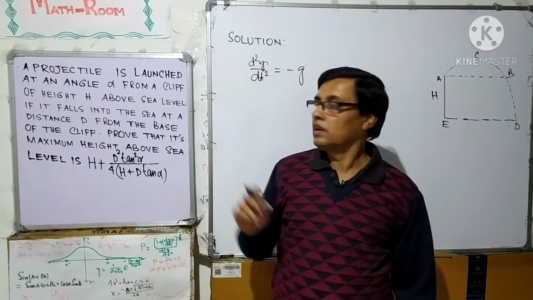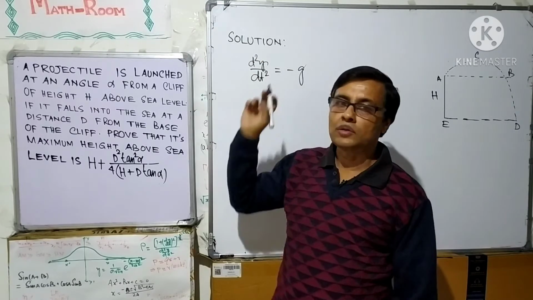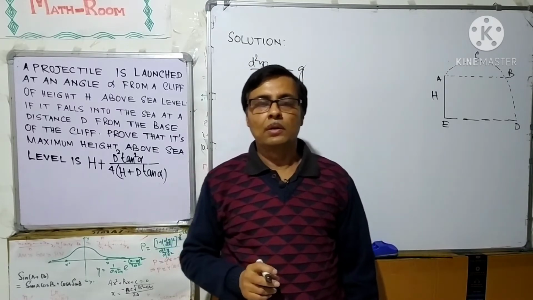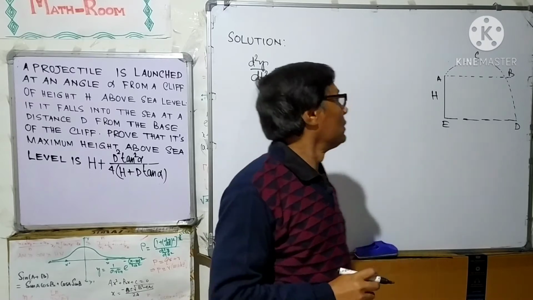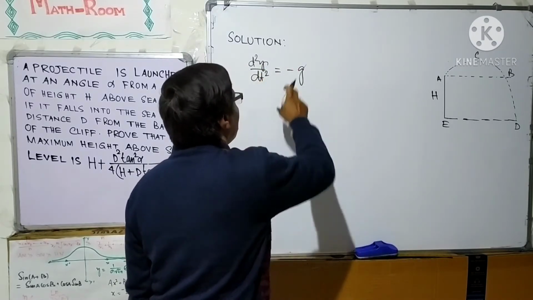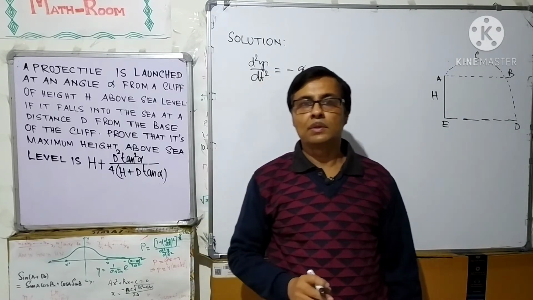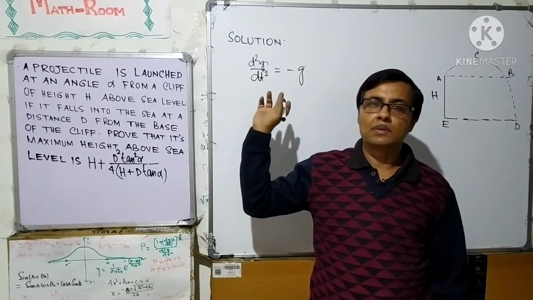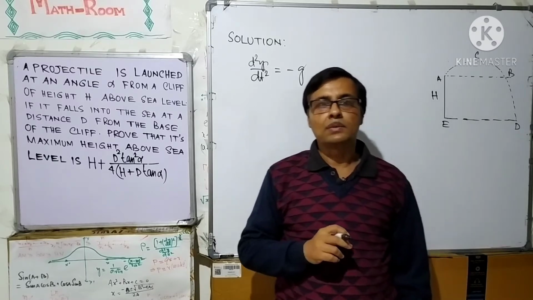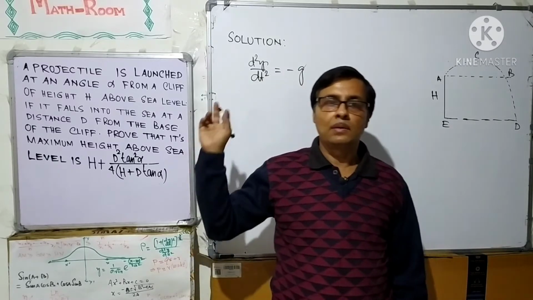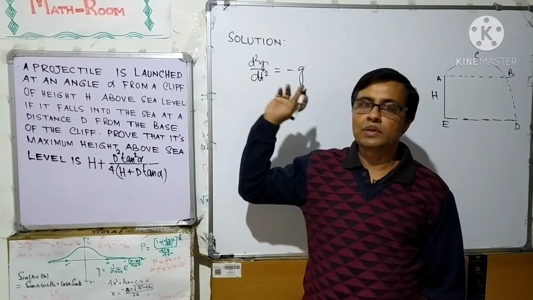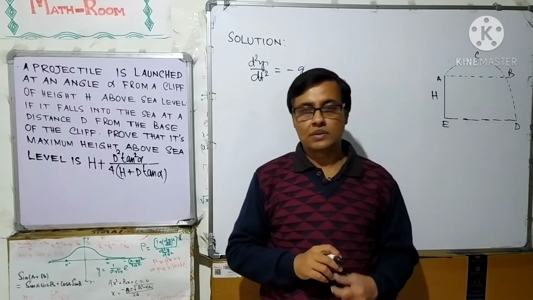This is the vertical motion of the body in projectile motion, that is d2y dt2 equal to minus g, because only the gravitational force is exerted on the body, which is projected in the space.